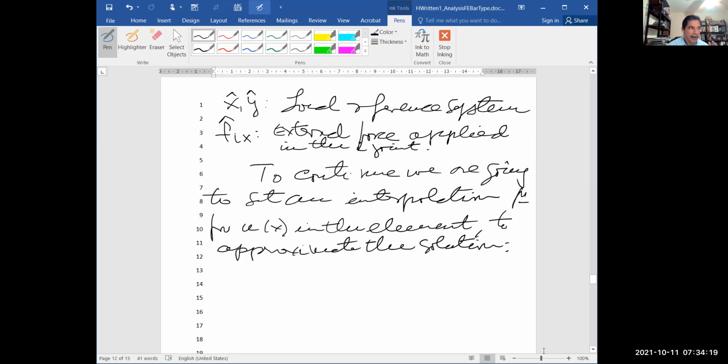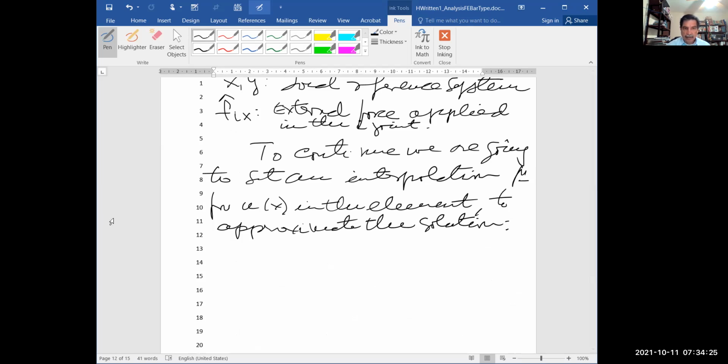Remember, we're working only in one single element. So let's propose something. We propose the simplest way. This is an approximation, not exact, and we're going to express that approximation in the local coordinate system. Since we have only two joints, we can set this function to recover the value of the function at the left and right joints.